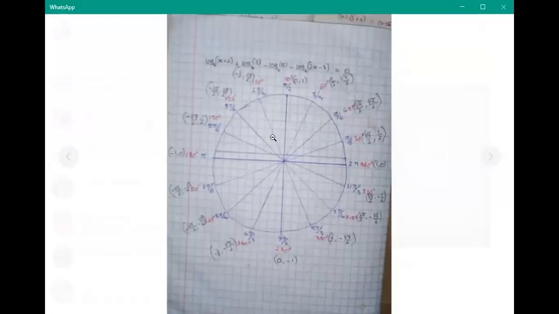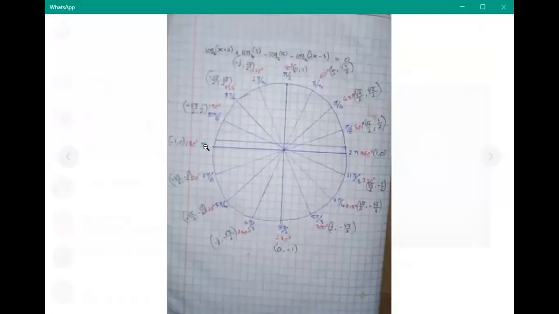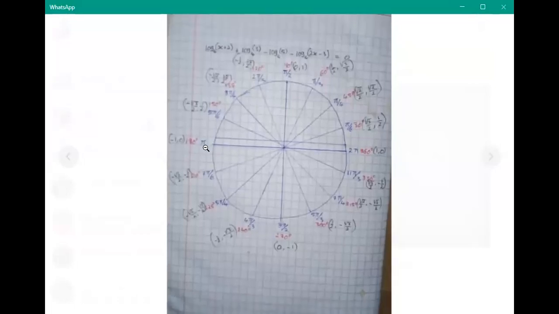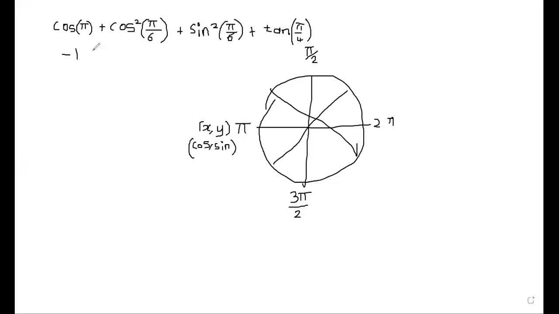There is pi, and it's got coordinates -1 and 0. So cosine will be -1 because that is the x value. So we say -1 plus.